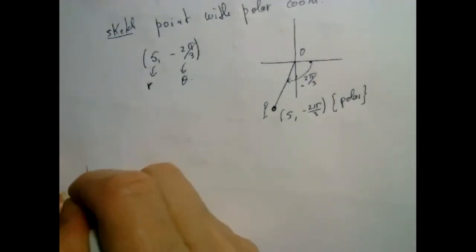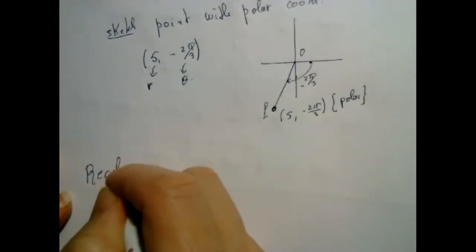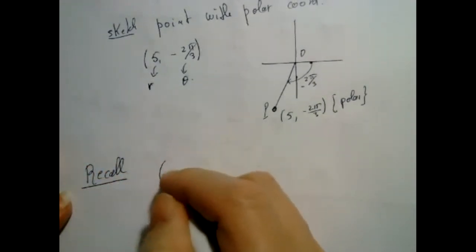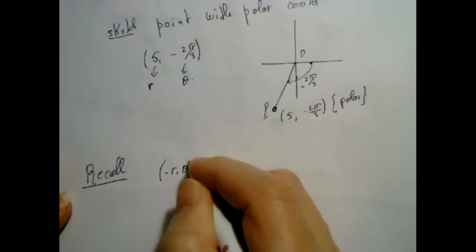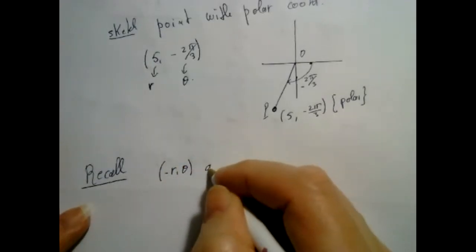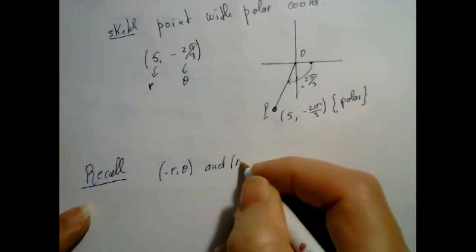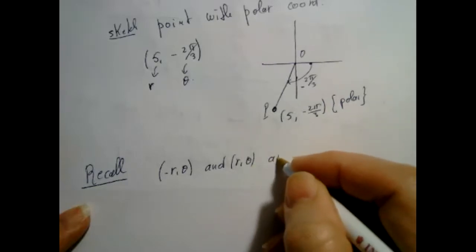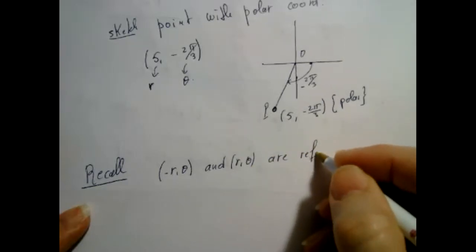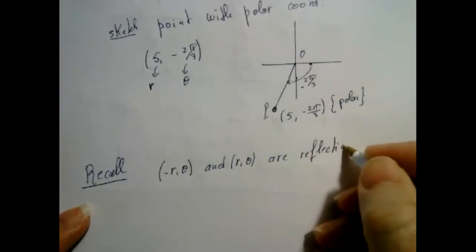So let us recall that minus r, theta and r, theta, so that's our definition going to be, are the reflection of each other with respect to the origin. So let us explain what I am talking about.